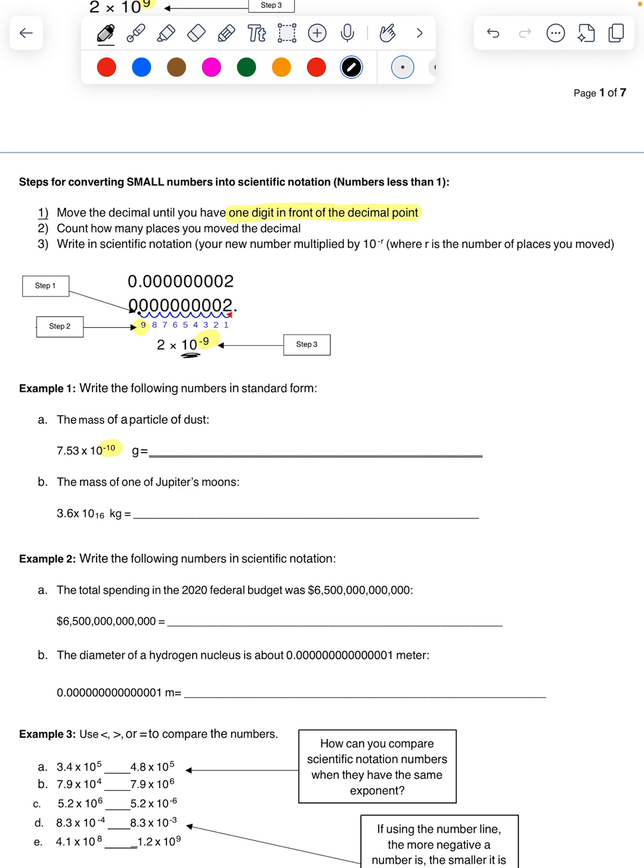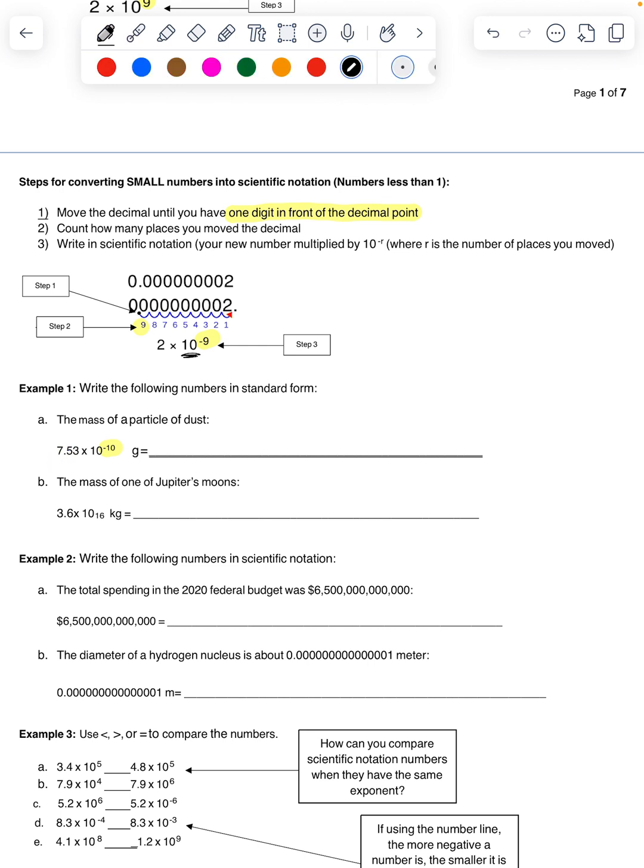Now, for small numbers, when I wanted to write it in scientific notation, I move the decimal to the right. But this time I want to write the standard form. So I'm actually going to move the decimal to the left.